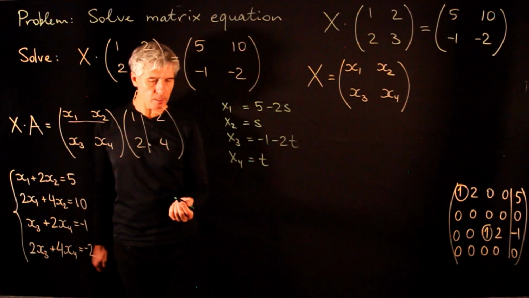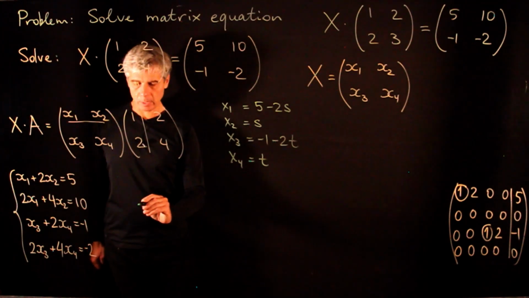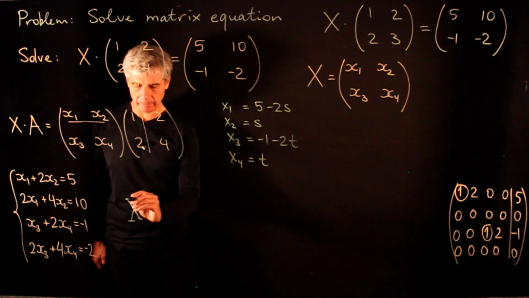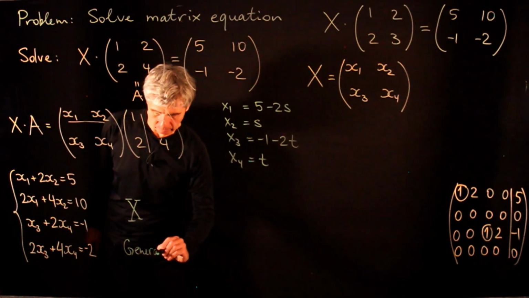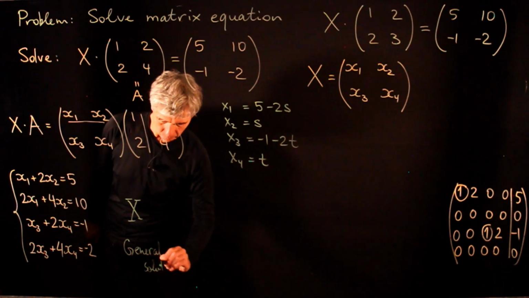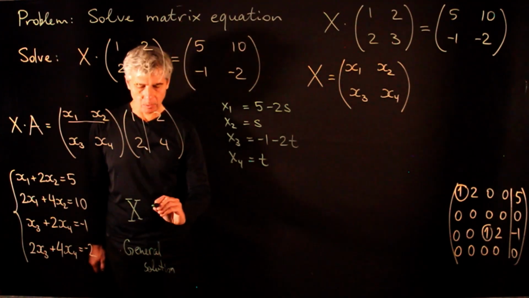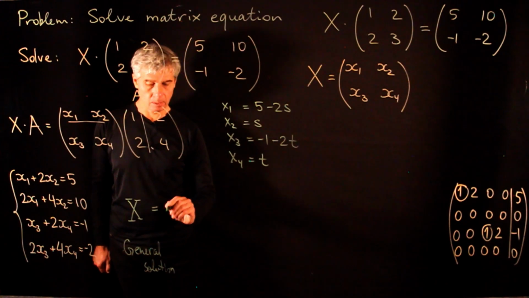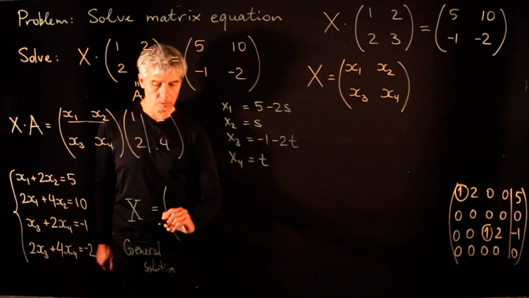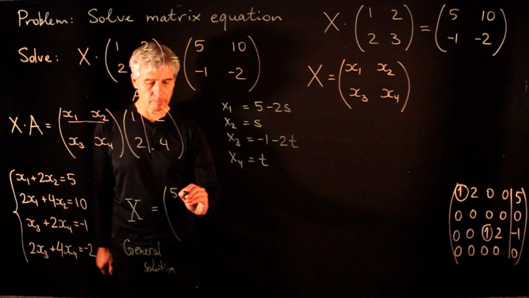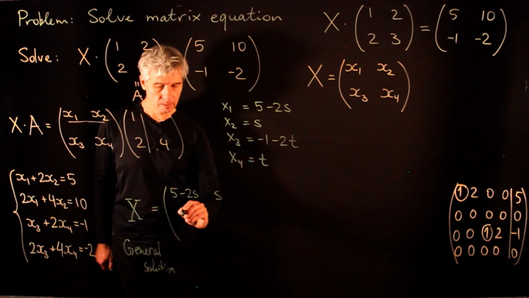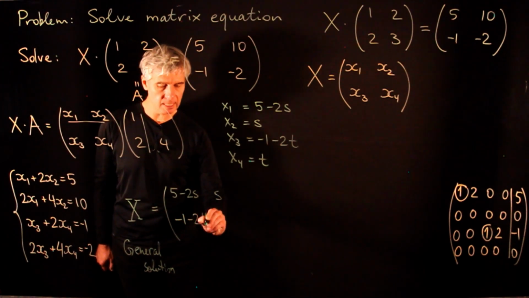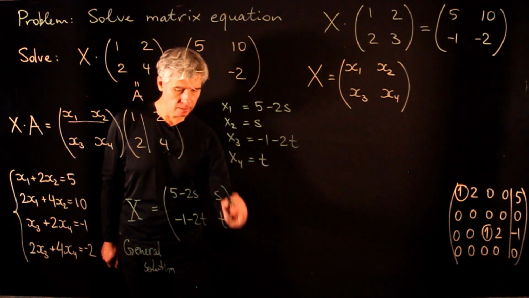And so then we can write down our matrix X. We want to write down the general solution. So X is going to be the following matrix: 5 minus 2s, then s, and minus 1 minus 2t, and t.